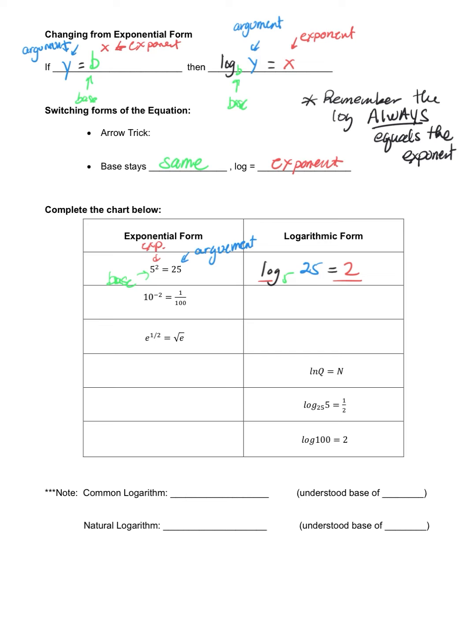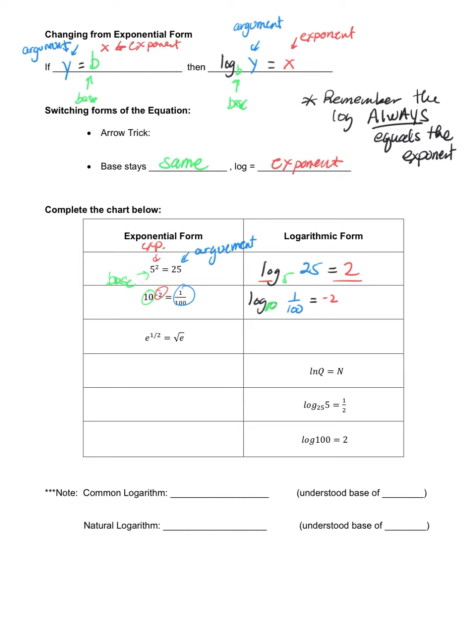Okay, the next one, our base is 10. So we can write log base 10. Okay, this is our argument. That's your base, and here's your exponent. When we do log base 10, equals, where the argument is 1 over 100, and it has to equal -2.